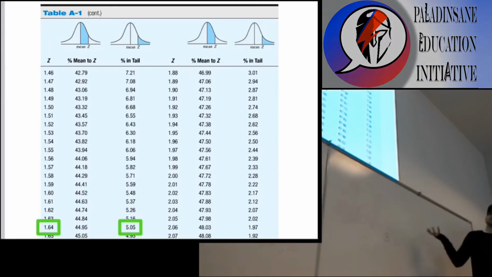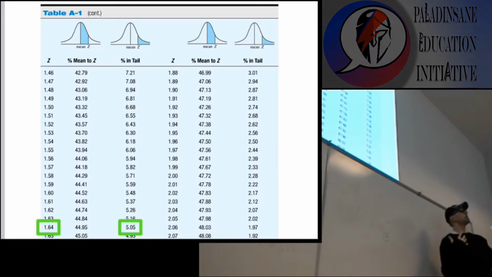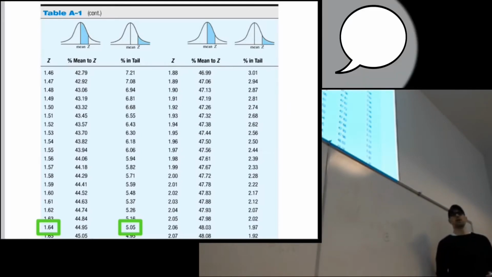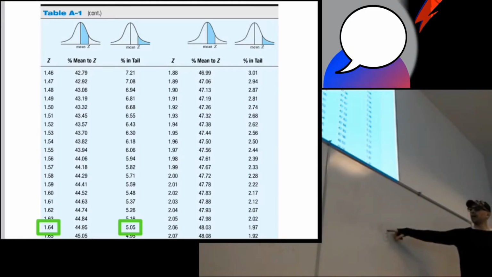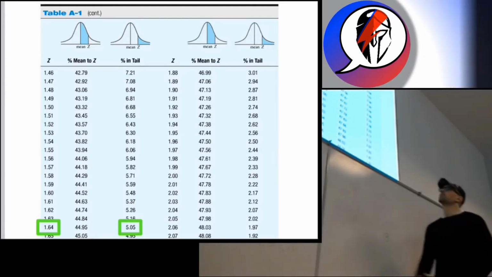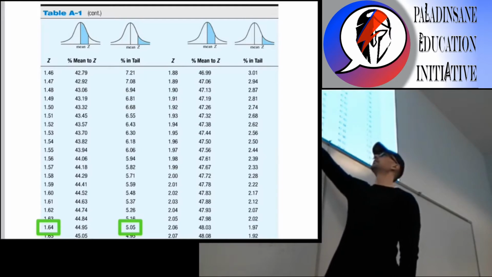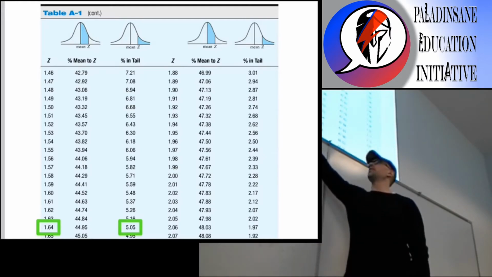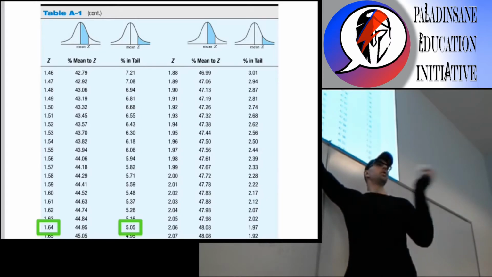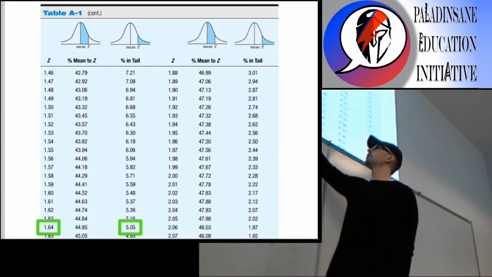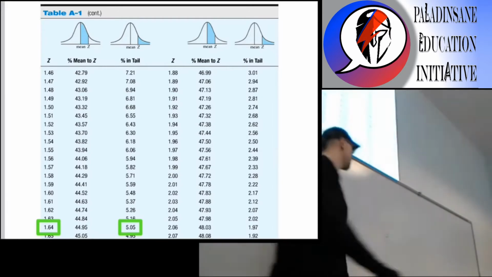So in this case, let's say we were asking, do they spend more time with the terry cloth mother? Then we put all 5% into the tail. We go to our unit normal table, and we want 5% in the tail. That's as close as we can get. It's 5.05, the other one is 4.95, both equally close, both good enough for the exam. You can use either one. We're going to go with 5.05 for this example. We scroll across, and 1.64 is our cutoff score.